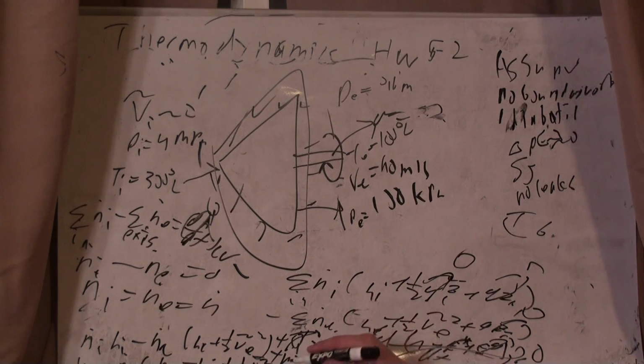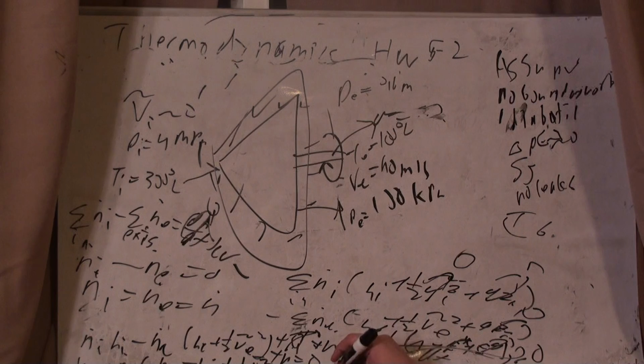Okay, and then of course the cp dt becomes, so my n dot again is going to be P exit, I do have a T exit, so P exit times V exit, which is going to be pi over 4 diameter exit squared.